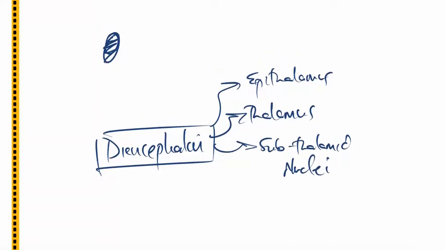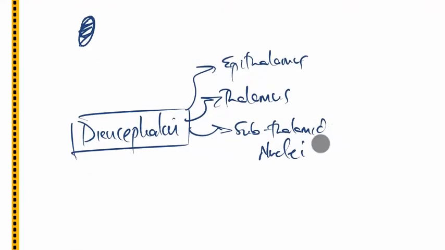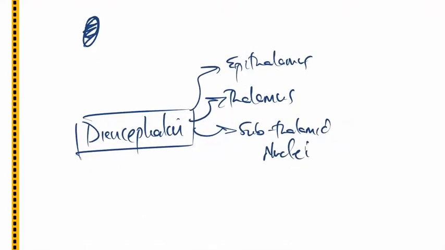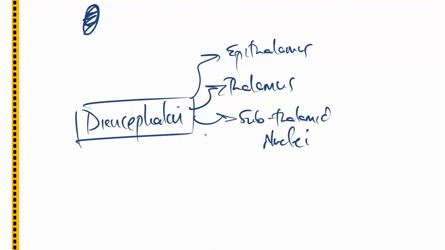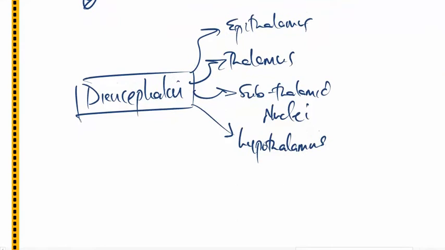Okay, so we have the epithalamus, thalamus, and this is strictly from his slides. What else? Does anyone remember anything else? Okay, so we got the hypothalamus. Okay. Anything else?